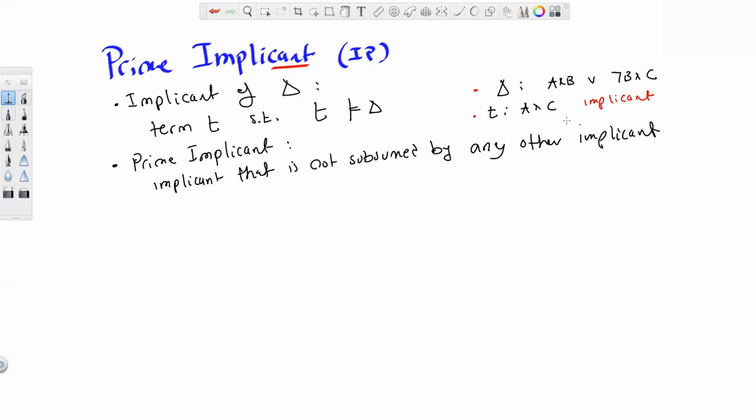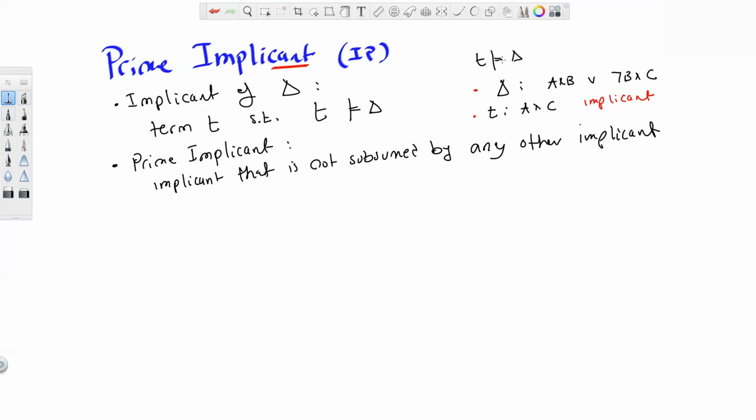And if we continue with our example, what does that mean? This is an implicant. This implies that. So in the sense that if you set A to true and set C to true, you have satisfied this formula. All right, you may be able to see it or not, but that is the case. T in this case implies delta.